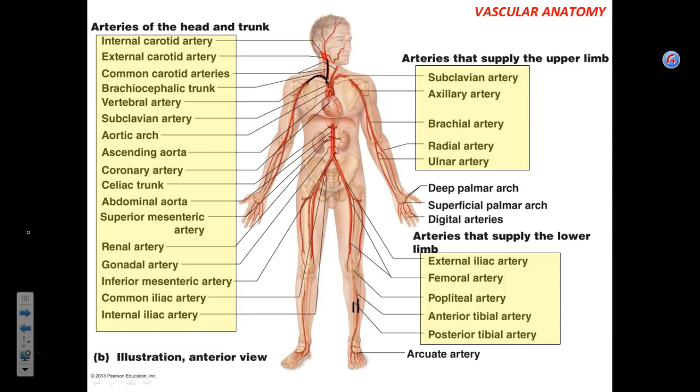Then subclavian seamlessly becomes axillary, and then axillary seamlessly becomes brachial. So axillary is armpit. So it doesn't mean that it runs immediately in your armpit, but ballpark, okay, near head of the femur. And then when it enters brachial region, it becomes brachial artery.